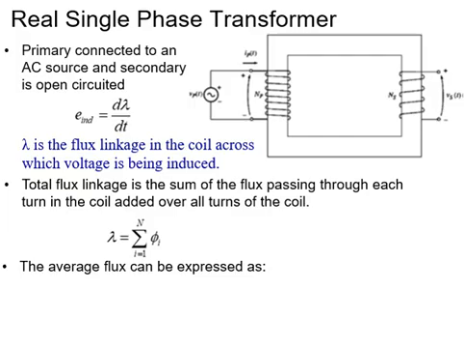But we cannot write the total lambda as N lambda, because every turn does not have equal flux. Every turn has different flux according to its windings and its position.